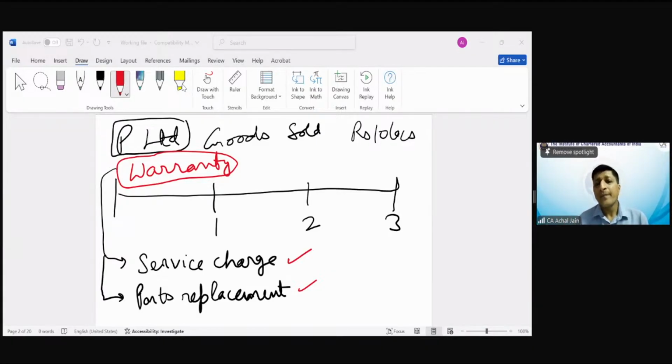Number one. Number two, let's suppose P Limited expects that out of 20 customers, 3 customers will require some repair or some parts to be replaced. Let's suppose P Limited has built that expectation.